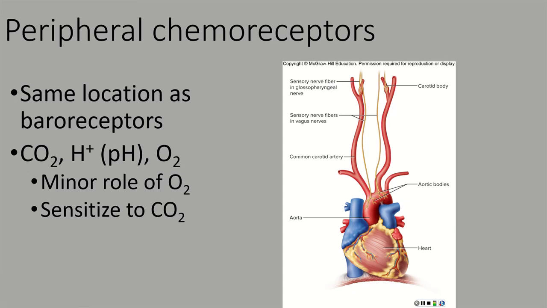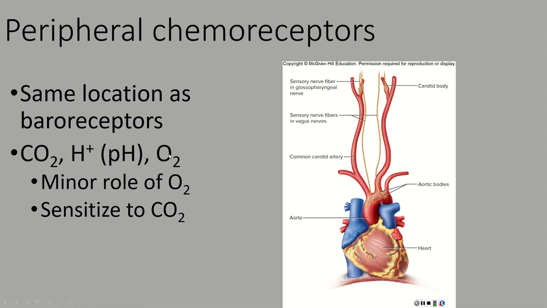The peripheral chemoreceptors directly sample the blood. They are also sensitive to more things. The peripheral chemoreceptors are sensitive directly to CO2 levels dissolved in the plasma. They are sensitive to pH from any source at all. And they are somewhat sensitive to O2.